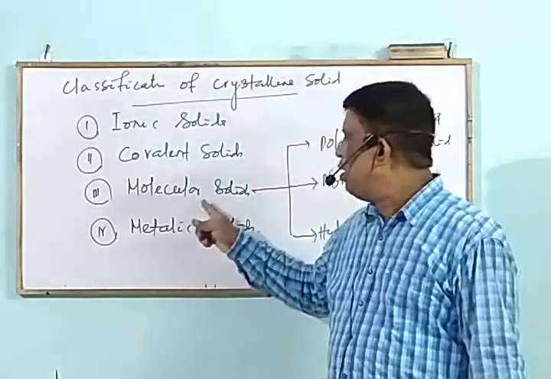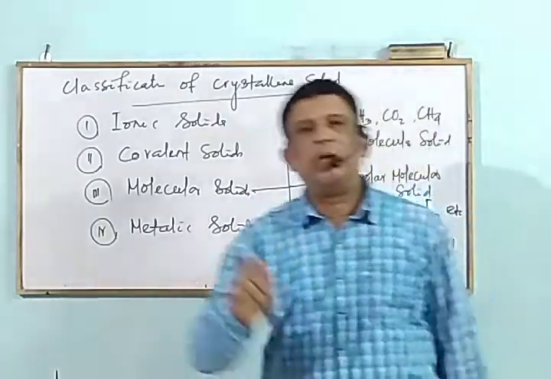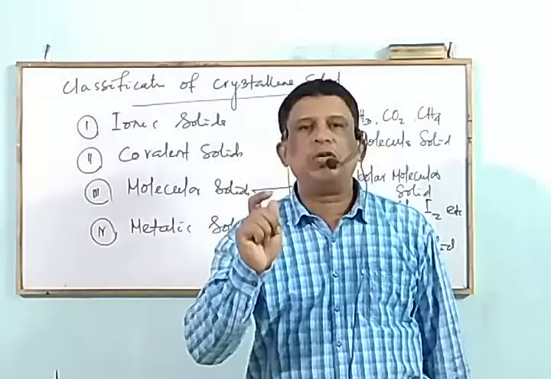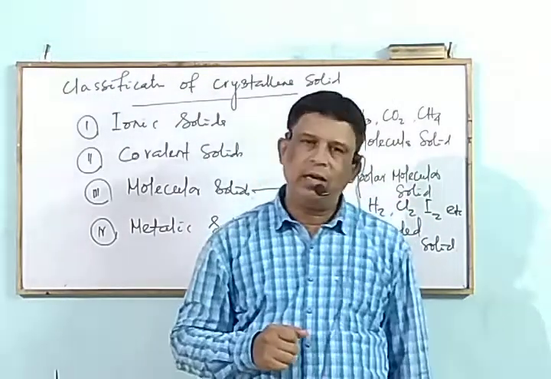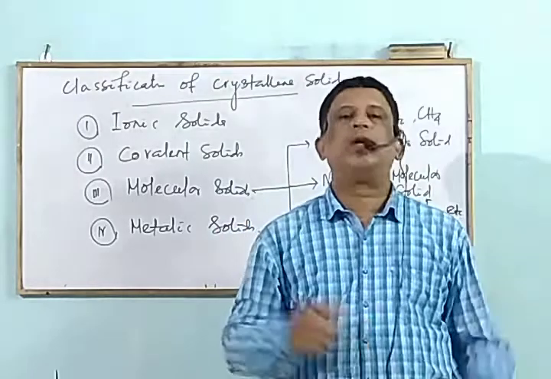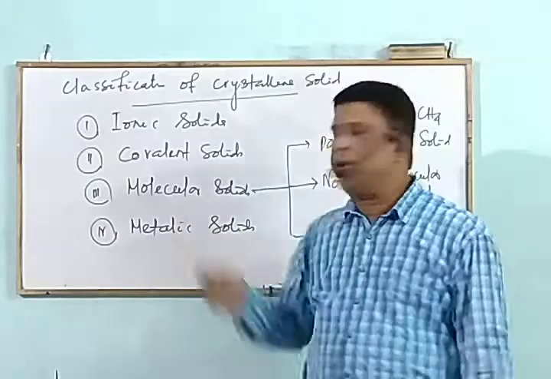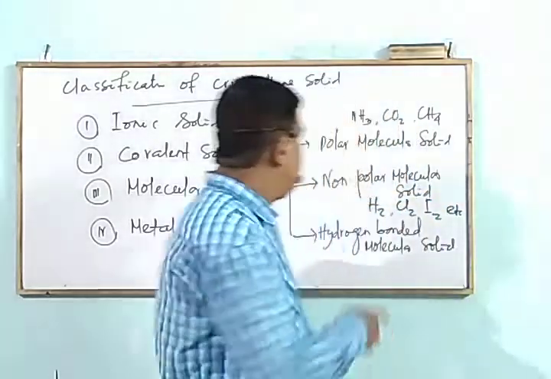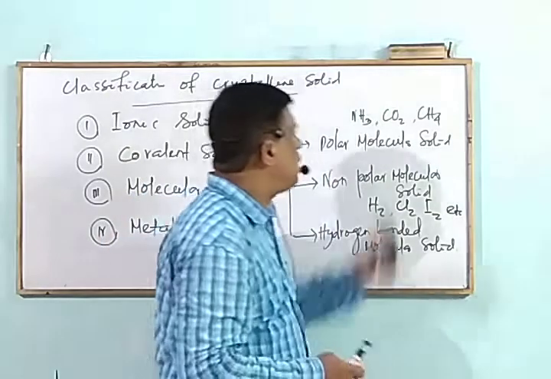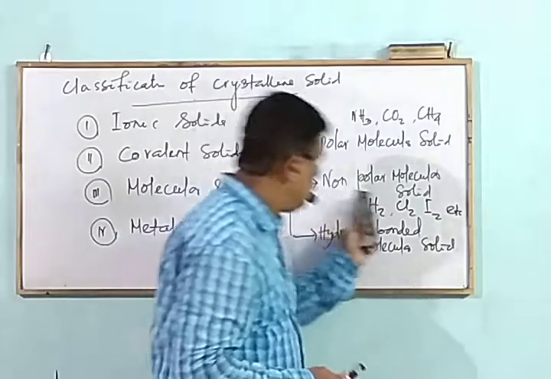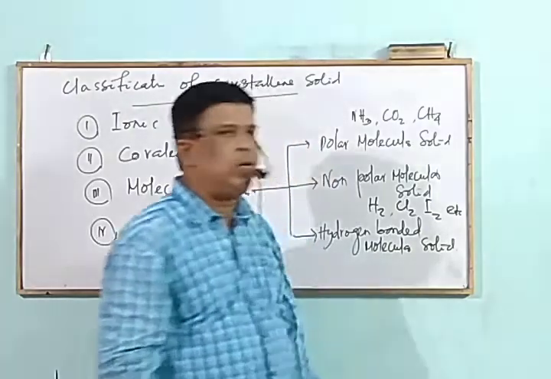Next, we go to molecular solid. A solid is said to be molecular if the constituent particles are molecules. Again, depending upon the types of force holding the molecules, molecular solids are of three types: polar molecular solid, non-polar molecular solid, and hydrogen bonded molecular solid.